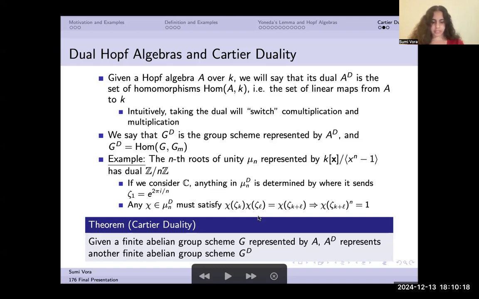And here the idea is that if you have a finite abelian group scheme that encodes the solutions to a group of polynomial equations, and it's too complicated, then you can translate it to the dual group scheme and figure things out about the dual instead. So in this example, maybe it's easier to think about Z mod nZ instead of your nth roots of unity, though I'm not sure which would be easier.